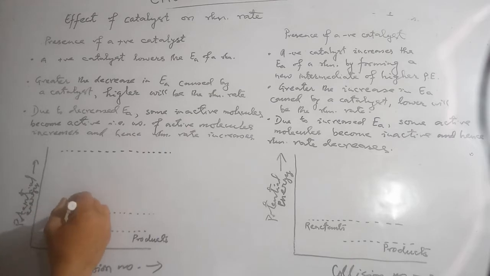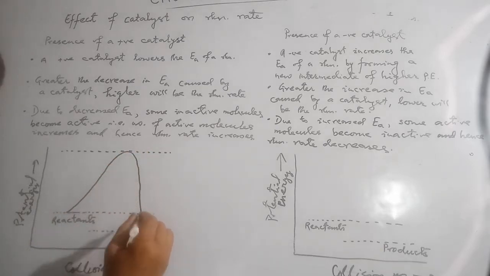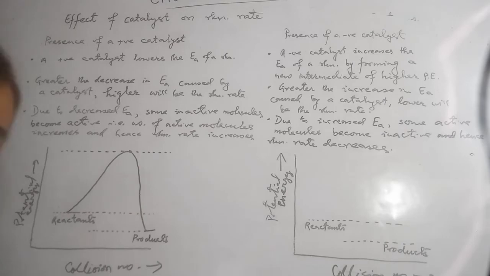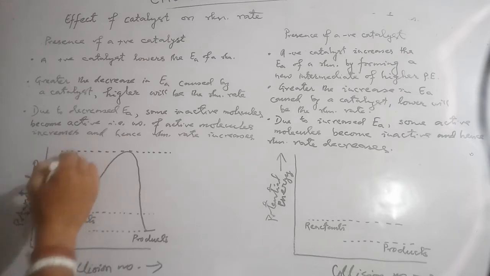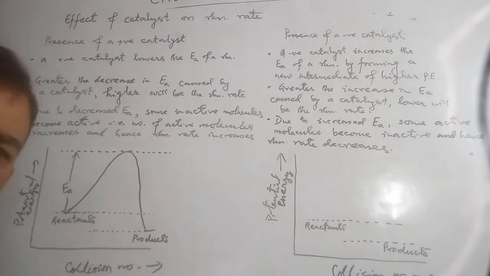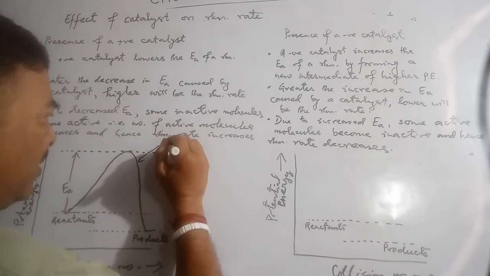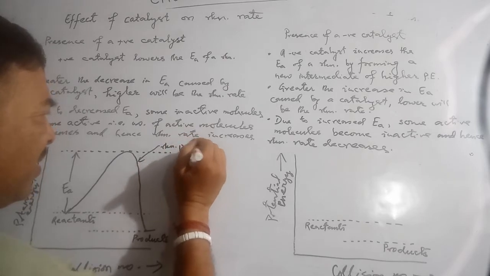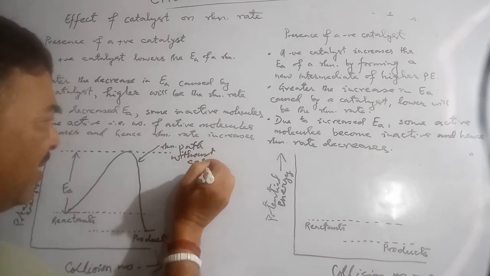Look at here, the reactants combine to give the products, and in this case the activation energy of the reaction is EA. This is the reaction path without catalyst.